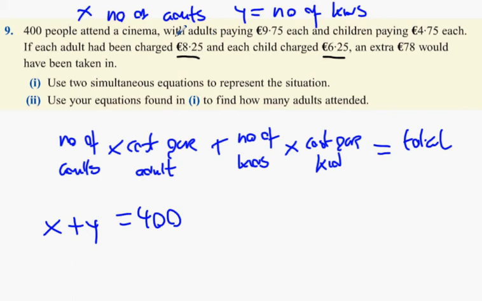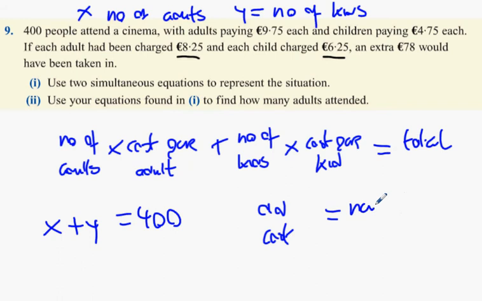Okay. With adults paying, basically cost before. Does the cost before equal the cost after? Does the new cost equal the old cost? If I write down old cost equals new cost, does that make sense?